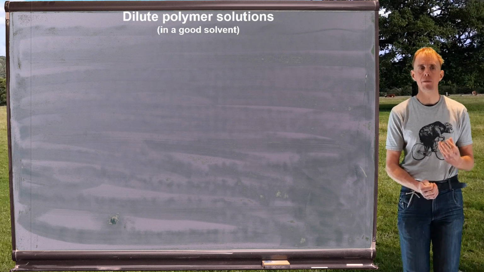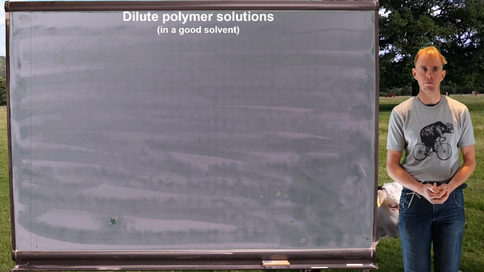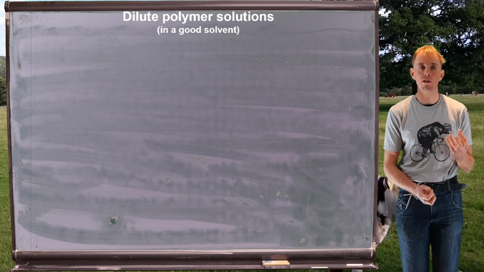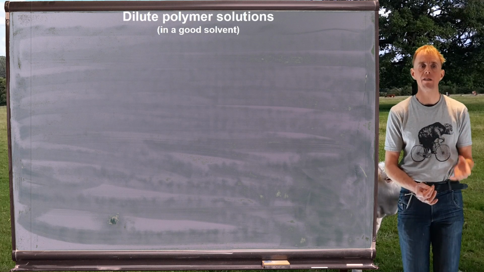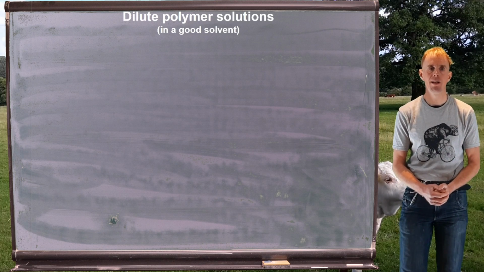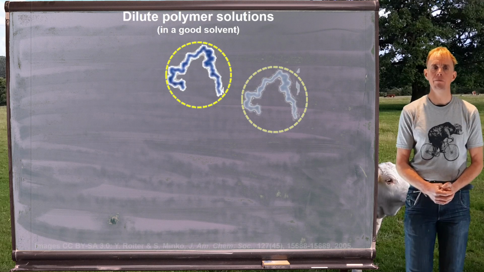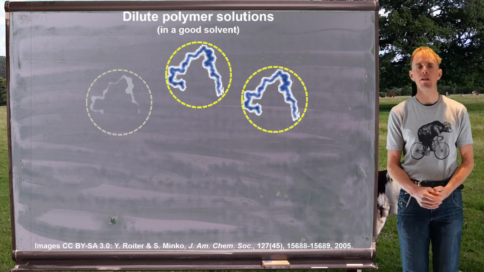We're going to start by thinking about dilute polymer solutions, and we're going to look at dilute polymer solutions in the context of a good solvent where monomers like solvent interactions. We can imagine this in our mind's eye to look a little bit like this.